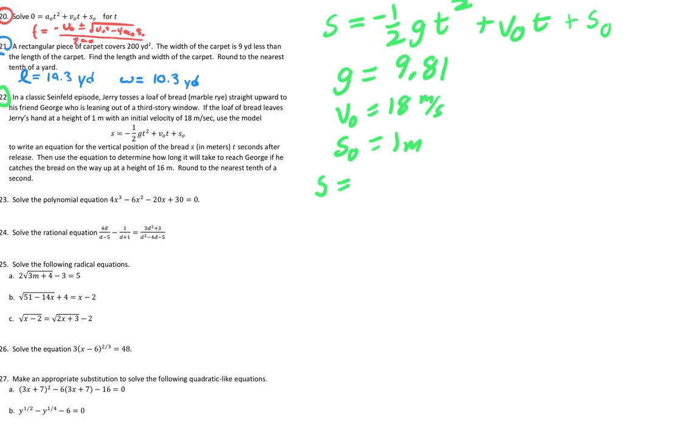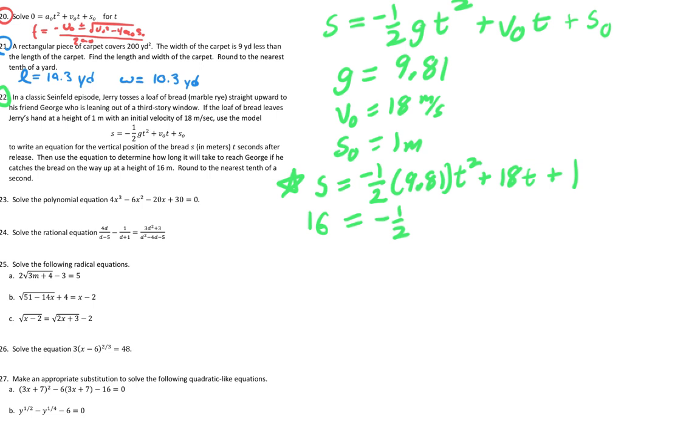Okay, so next we want to plug these values in to create our equation. So s is equal to negative 1/2 times g, 9.81, times t squared, plus v0, 18t, plus s0, so plus 1. So here's the first part of our question. Now we want to find when our s is equal to 16, right? So 16 is equal to negative 1/2 times 9.81.